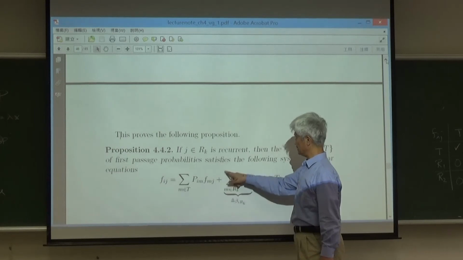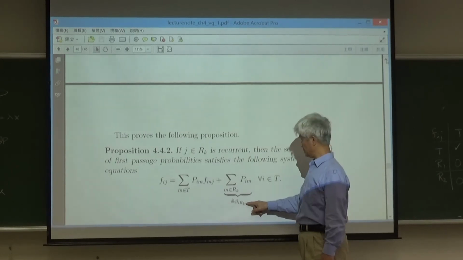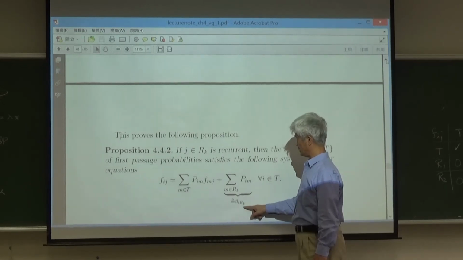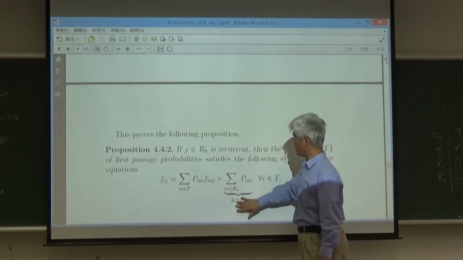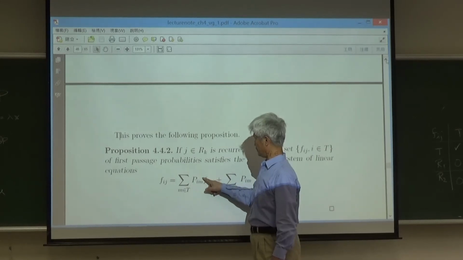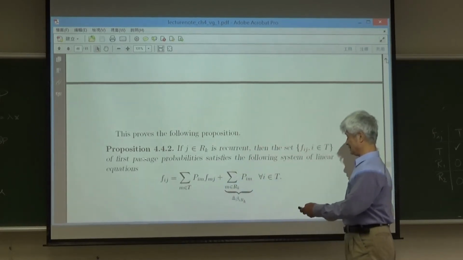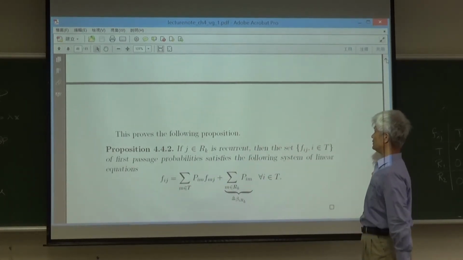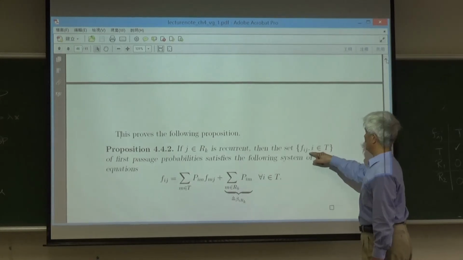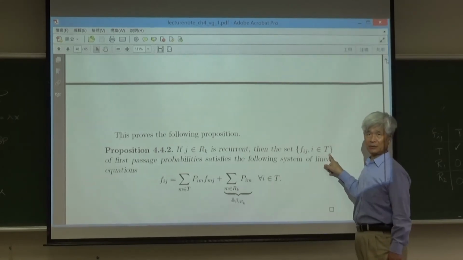So together, this number can be written as beta_I,R_K. Okay? Because it depends on the whole recurrent class R_K. So this part is independent of J. Similarly, the coefficient P_IM is also independent of J. So that the system of linear equations holds for any J in R_K. So that means that even if you have different J, you will get the same solution set.